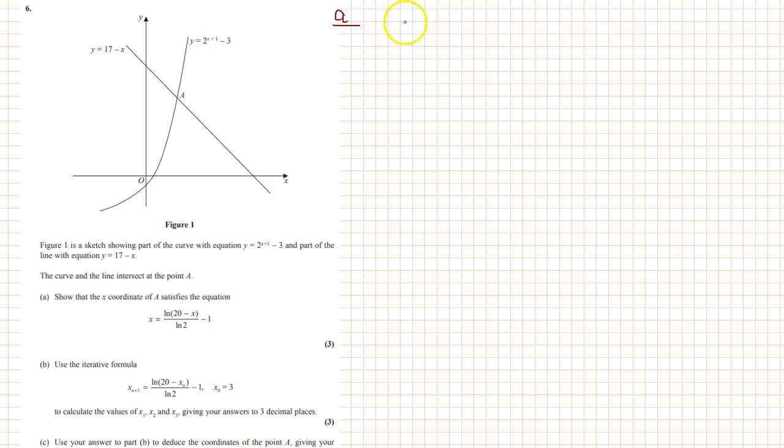So in that case, 17 minus x is equal to 2 to the power x plus 1 minus 3. So 17 minus x is equal to 2 to the power x plus 1.